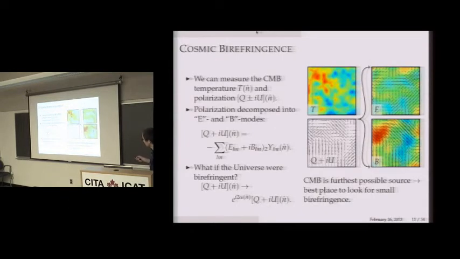So if you have the polarization field on the sky, you can decompose it into two modes, E mode and B mode, which are real fields. And the E mode comes in peaks and troughs as a polarization pattern which is either radial or tangential, whereas the B modes tend to curl around a full spot.